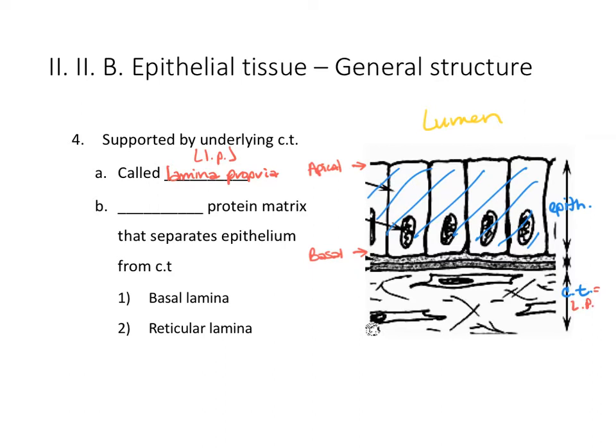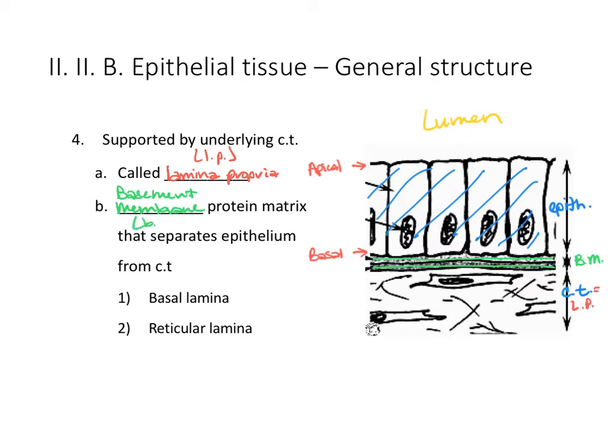So the lamina propria is going to be separated from the epithelial tissue above it by this membrane that we can see right here. And it has a double layer here. And I'm going to label that BM, not for bowel movement, but for basement membrane.